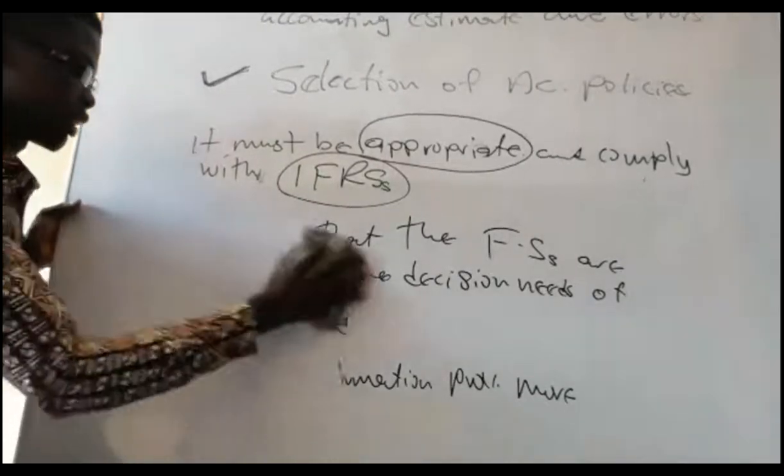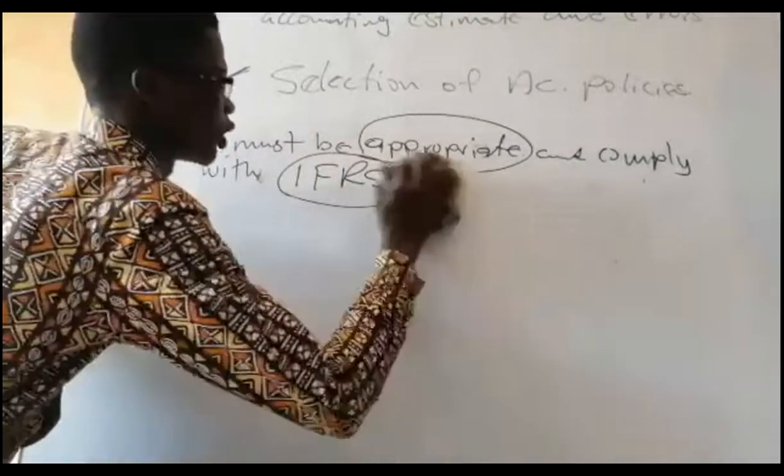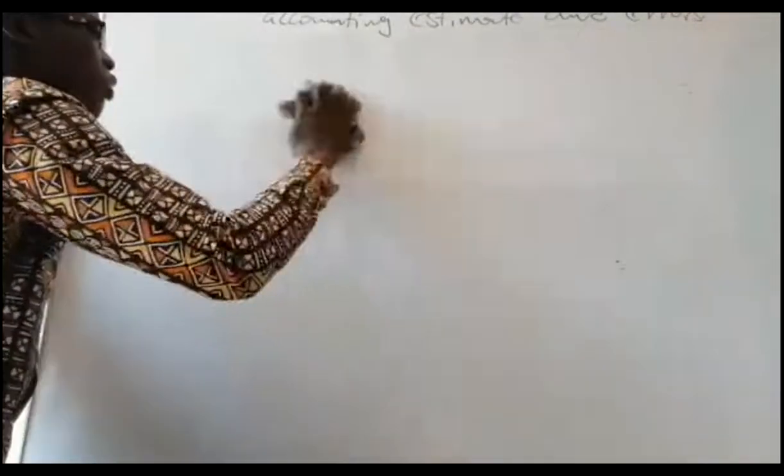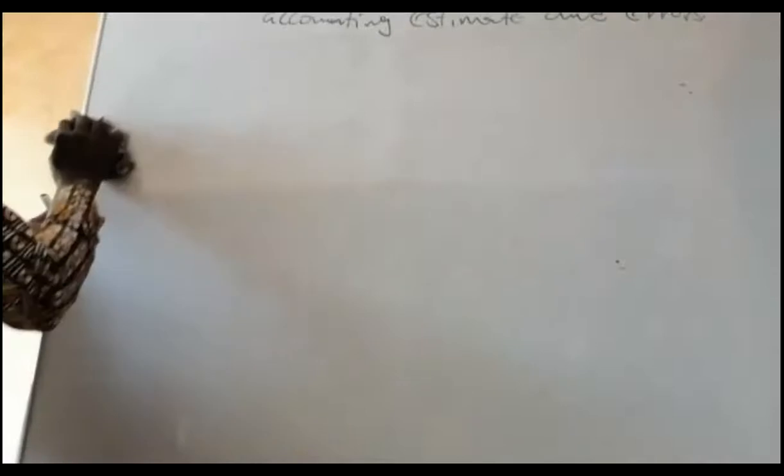Let's go to the second section of IAS 8. The second section is how to treat changes in accounting policy. So the next one we are going to look out for is what? Changes in accounting policy. How to treat changes in accounting policy. So that's the next aspect that we are going to do.